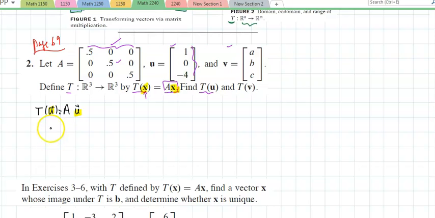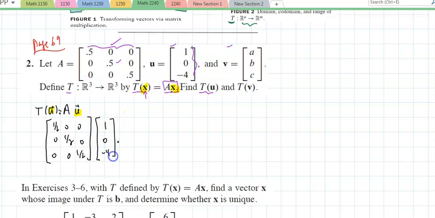And what's A? A is the matrix 1 half, 0, 0, 0, 1 half, 0, and 0, 0, 1 half. It's a diagonal matrix with all the diagonal entries being a half.